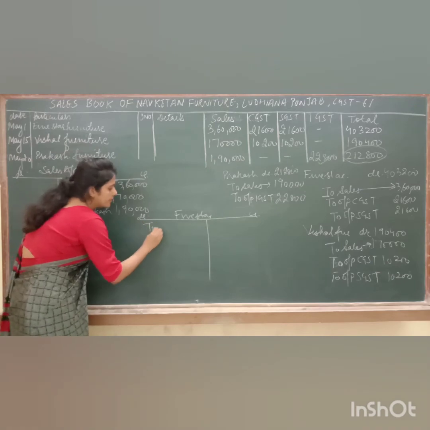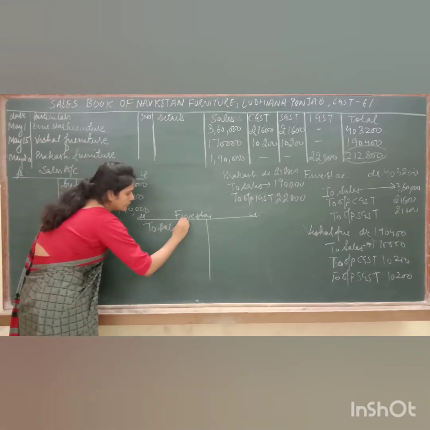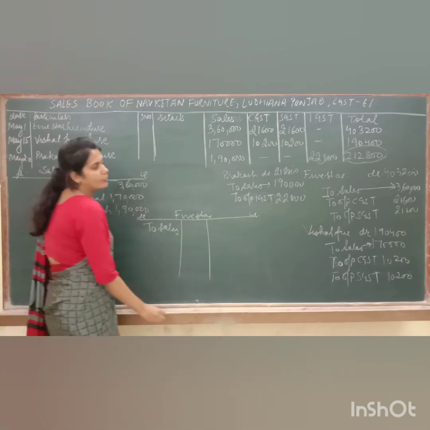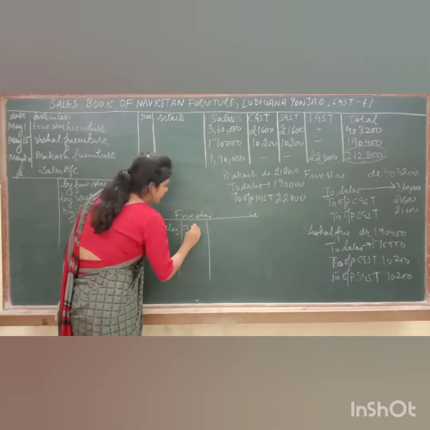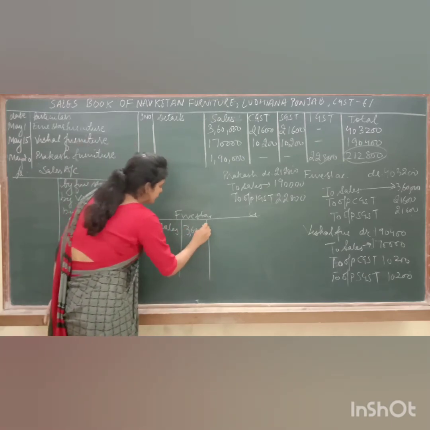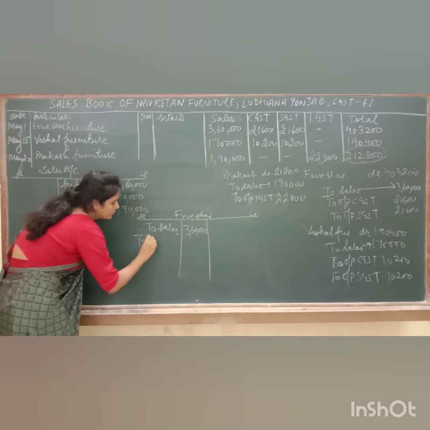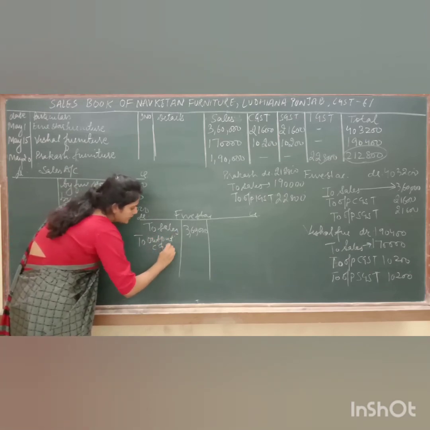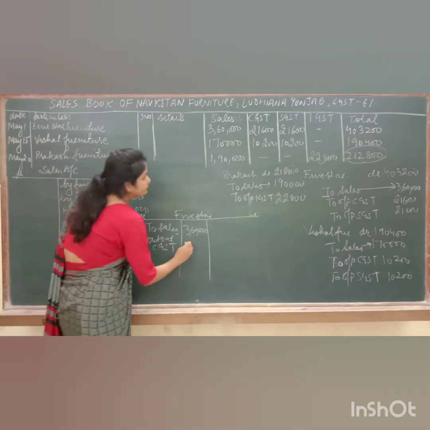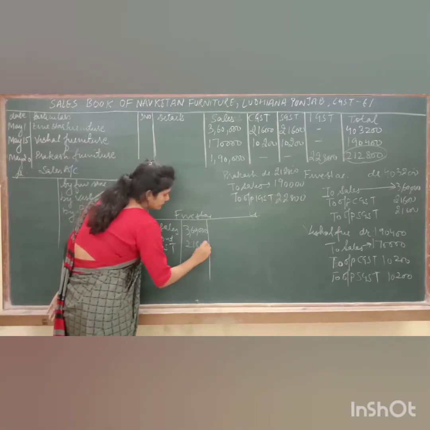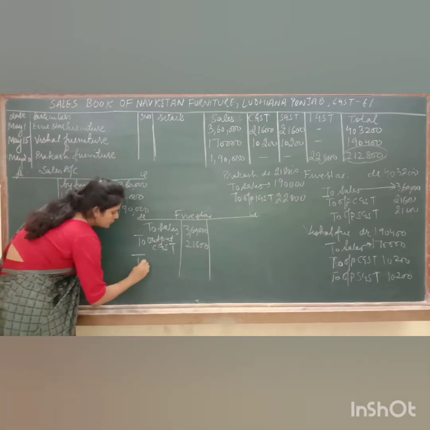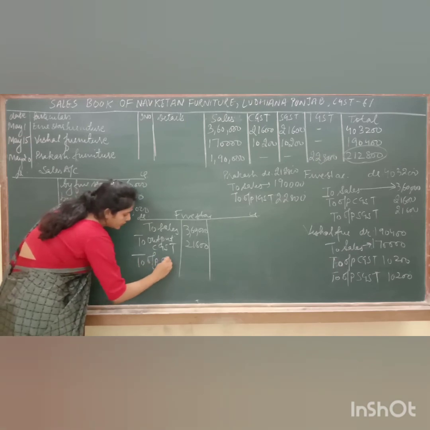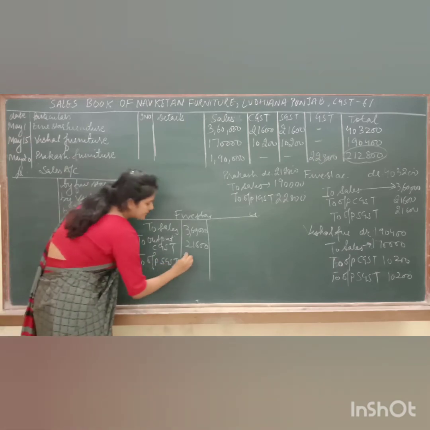So right here, to sales, amount is 3,60,000. To output CGST, to output SGST.